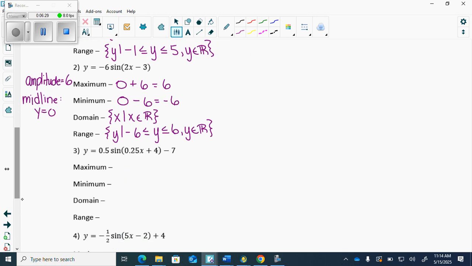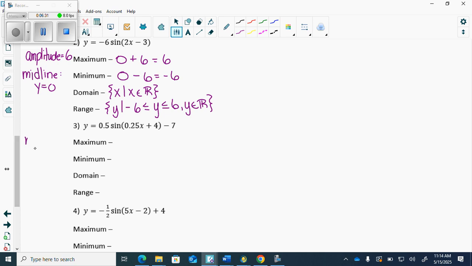The next one, my midline is what? What's the midline? Close. Close. Y equals negative 7. It's a midline, right? So you say 7, you're giving me the median value. The midline is y equals negative 7.